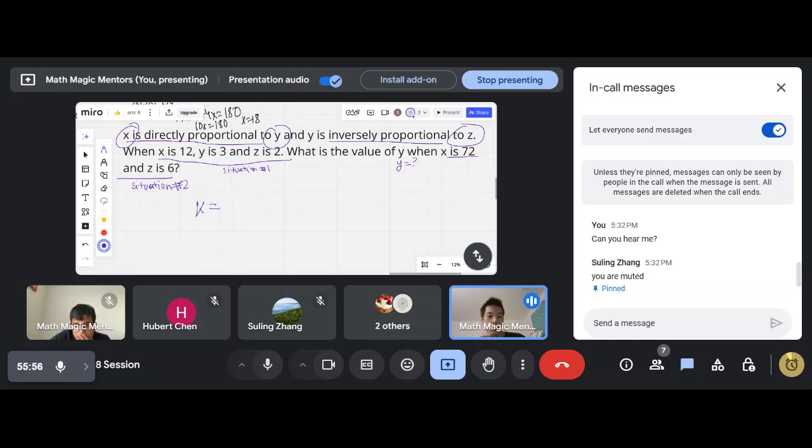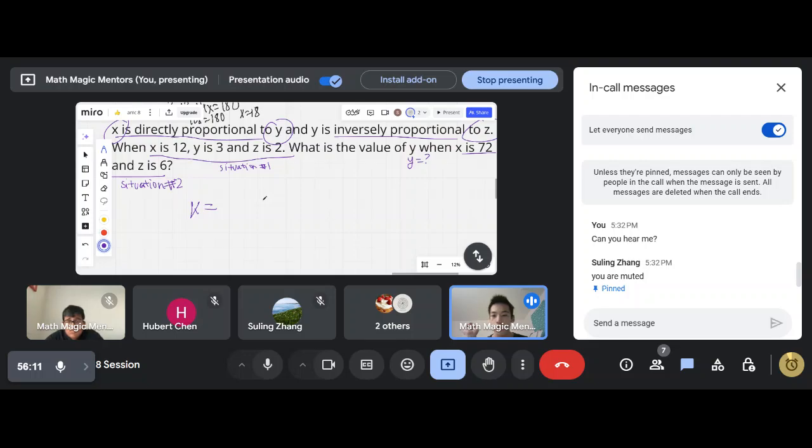So the constant that pops out to me, which might seem arbitrary at first, is k equals x over yz.